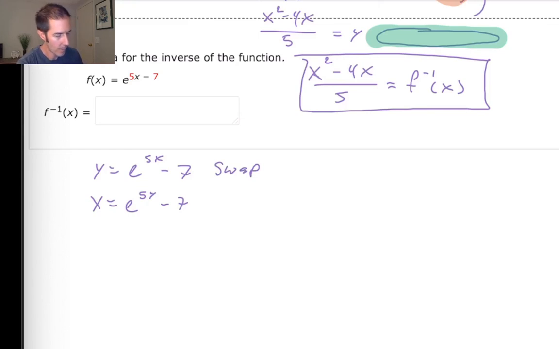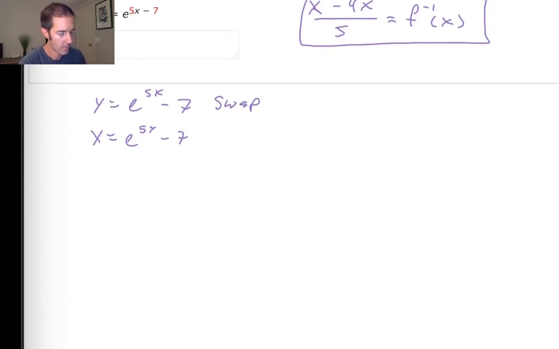Did that, okay, and now we're going to go through the motions of solving for y. So let's add 7 to both sides. x plus 7 equals e to the 5y.